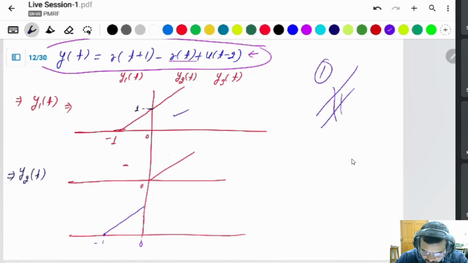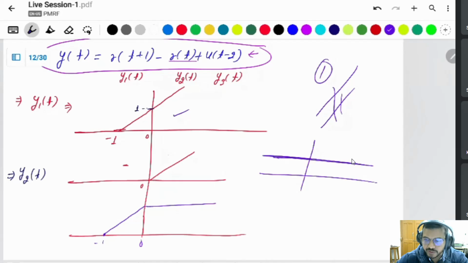Then this signal starts going like that because the slope is 0. Then a straight line of a constant, like that, where the slope is 0.